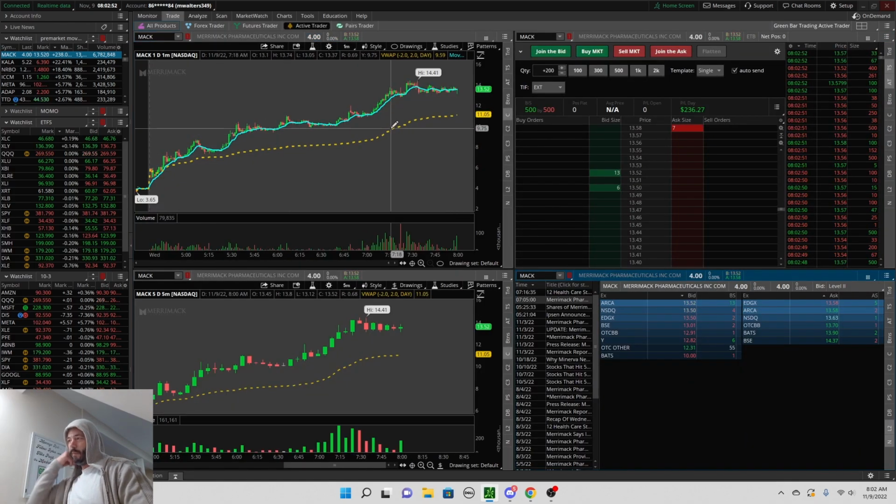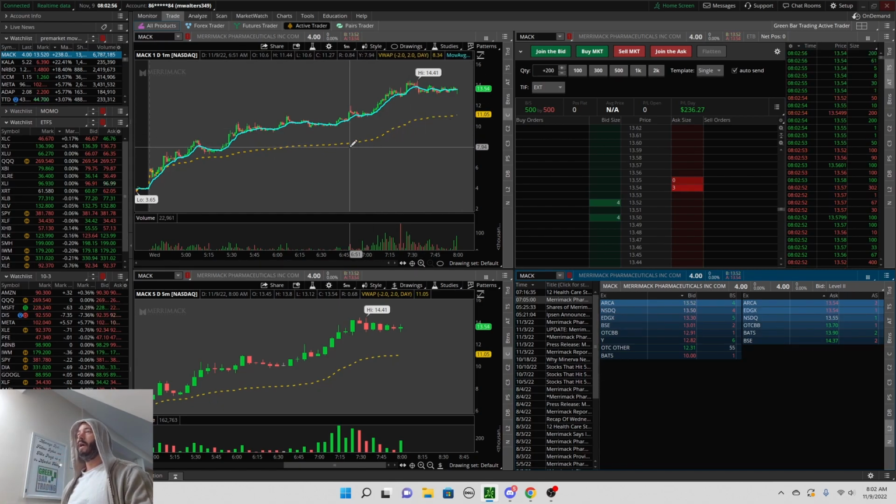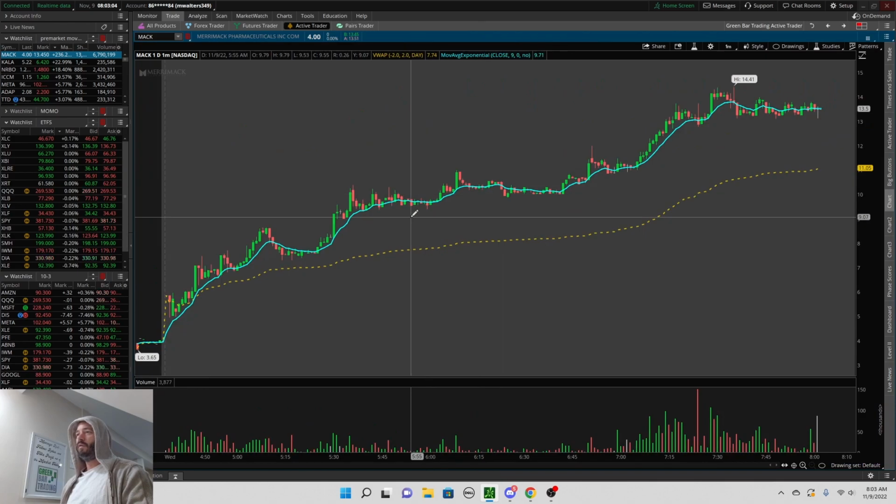So I'm going to get into exactly where I got in and where I got out. The way that I traded this was I started to size out of the trade, scaling out. This is one of the things for somebody that is taking profit too early.